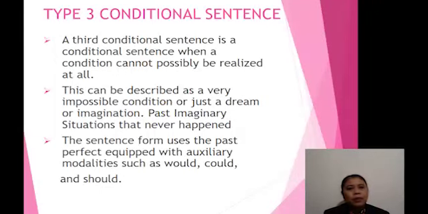The type 3 conditional sentence can be described as a very impossible condition or just a dream of imagination, past imaginary situations that never happened. The sentence form uses the past perfect equipped with auxiliary modalities such as would, could, and should.